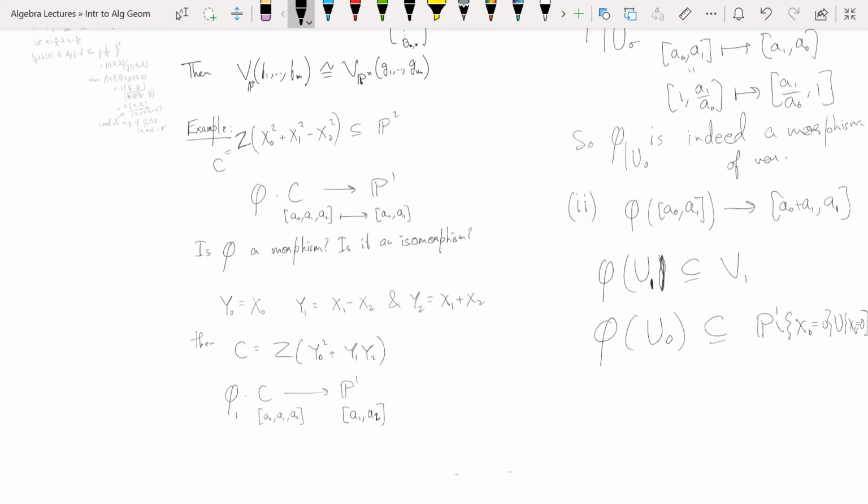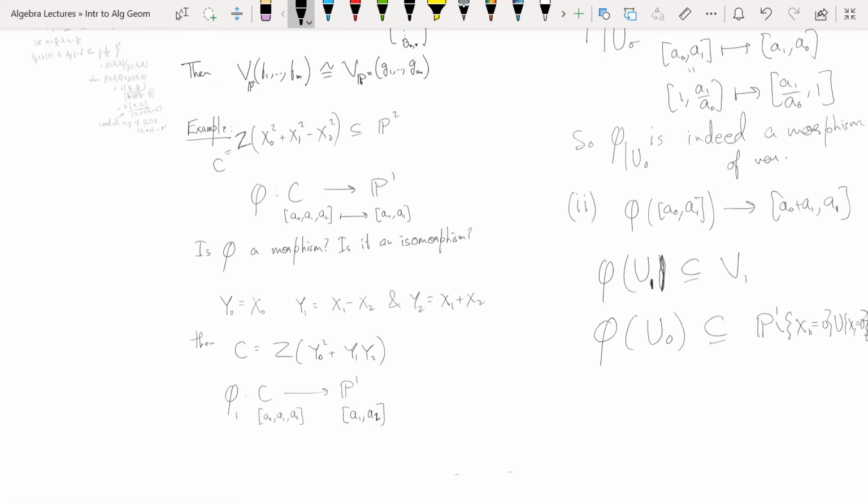If I remove both of them, then certainly this is okay. Then the image, or locally, you can just check that this is going to give you a map. But the other thing one has to check is that it is indeed giving you a morphism of varieties.